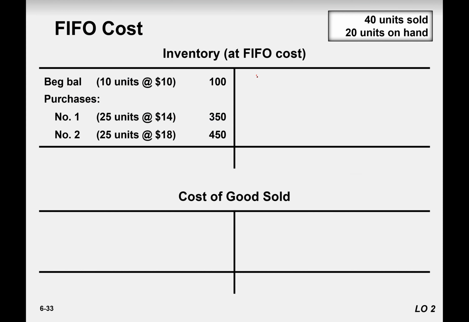First in, first out. 40 minus this 10 is 100. Left 30. This is completed. So 25 multiplied by 14 is 350. This is cancelled completely.